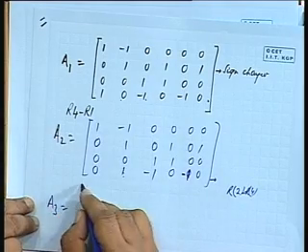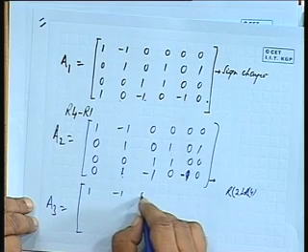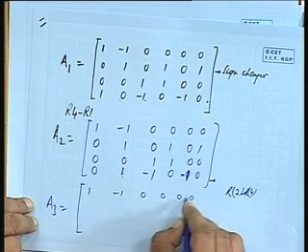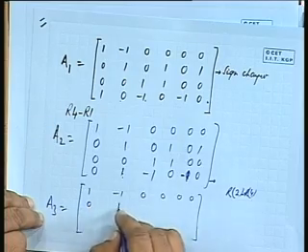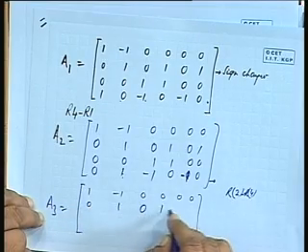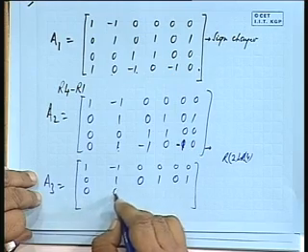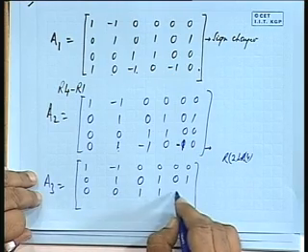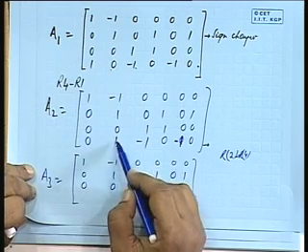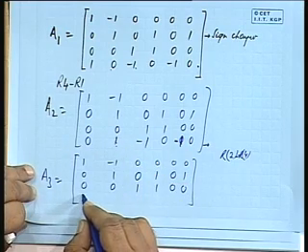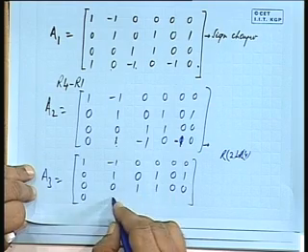A3: 1 minus 1 0 0 0 0, then 0 1 0 1 0 1, then 0 0 1 1 0 0, then 2 minus 4 will give me 0 0.